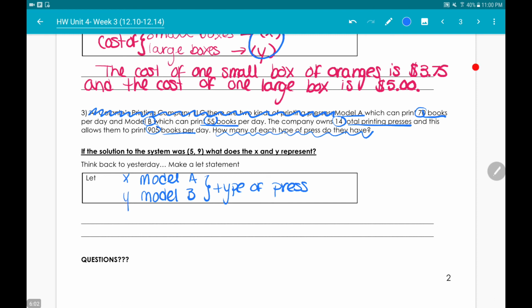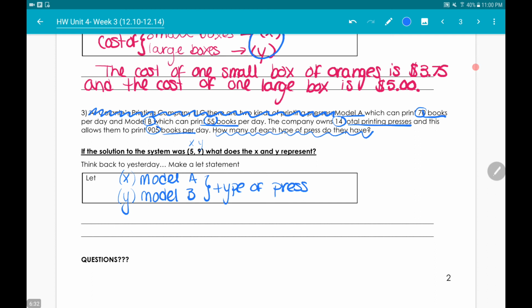So let's go ahead and label X and Y. Now, I didn't mention this before, but it doesn't matter which one you choose initially, as long as it remains the same throughout your entire solving process. Even if your friend chose the opposite, their answer would just be flipped. So if they chose Model A as Y, they would get 5 in their Y spot. Okay, so don't worry about that as much.